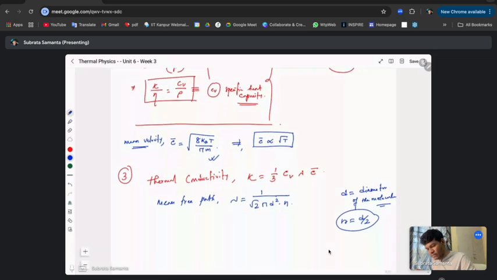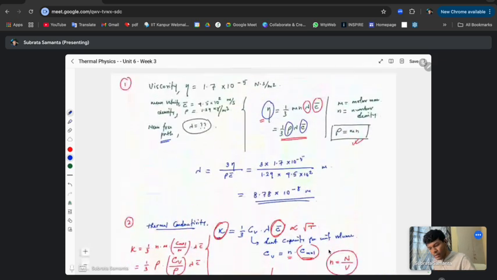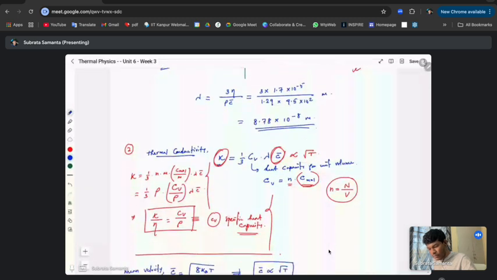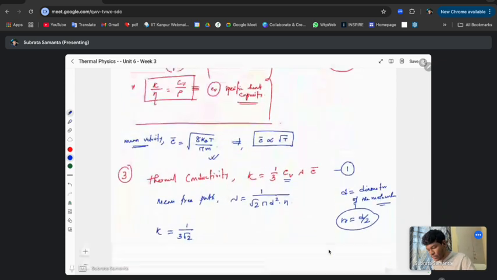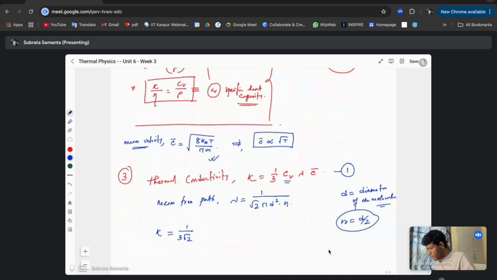Now plugging this expression of lambda into kappa, in equation 1, you can rewrite kappa as 1/3 root 2, and what is this CV? CV is the heat capacity per unit volume, it's not the specific heat. So we rewrite in terms of that.